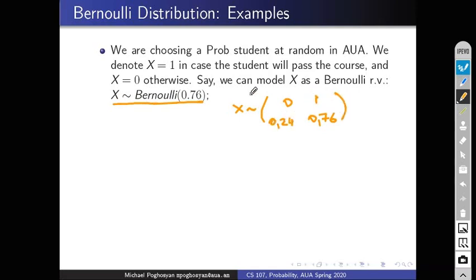So the chance that that student will pass the course is 76%, and the probability of failure is 0.24.